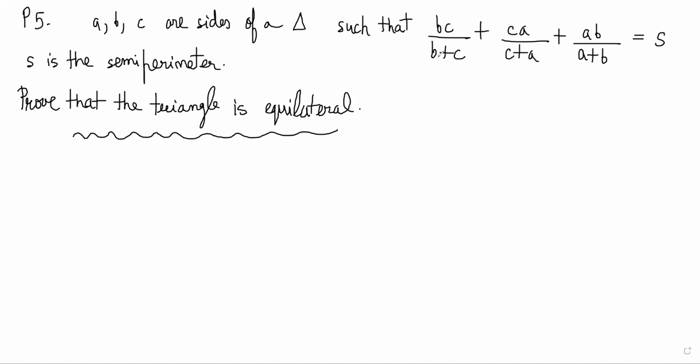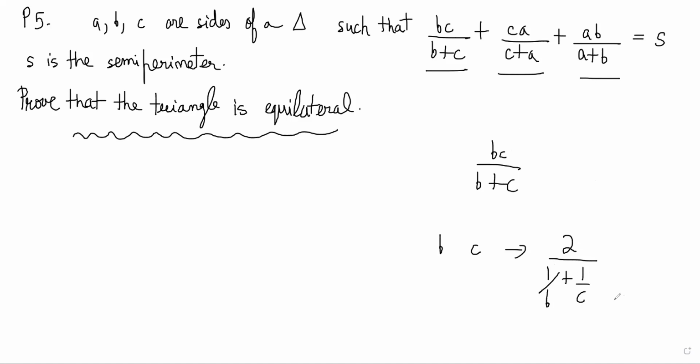So actually, look at these terms, BC by B plus C, right? If just now we saw that HM of two terms B and C would have been 2 by 1 by B plus 1 by C, which is 2BC by B plus C, right?